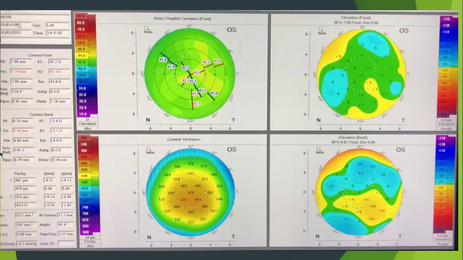In thickness, the difference between the thinnest pachymetry and the thickness at the apex, if it is more than 10 micron, that is significant. And the y coordinate, if it is less than minus 0.5, it is important.